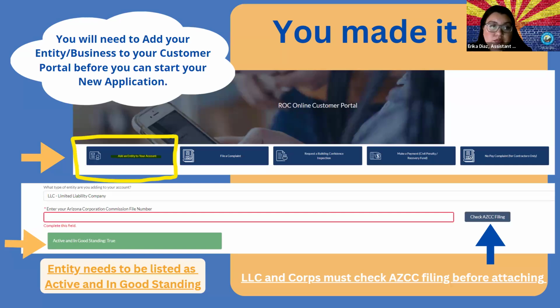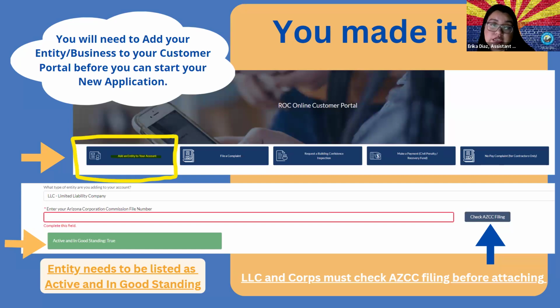Once you log in through the online portal, it will take you to the ROC online customer portal. You'll see that little header, and then you'll see those 5 blue buttons. Your first step is always to add that entity to your account. That is how you maintain all your items, especially when it's your first time applying. You need to select add entity to your account. You'll select the type of entity you are, whether it's LLC, corporation, etc. And when you are ready to connect your business, you are required to submit your Arizona Corporation Commission file number.